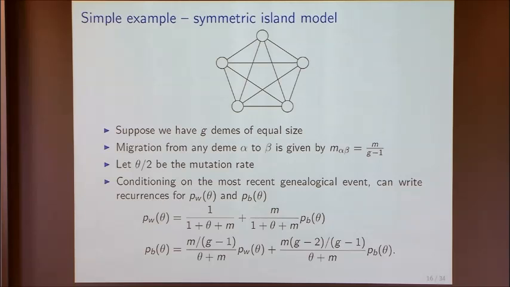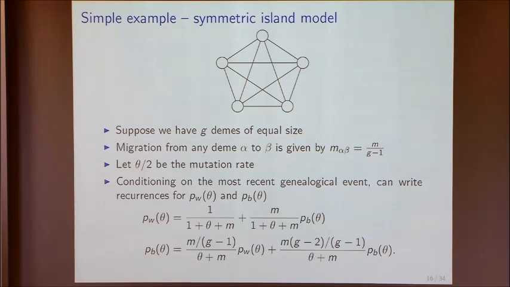So the most toy example would be the symmetric island model where there are these islands and you can move between any two demes, and your migrations are with equal probability between any pair of demes.